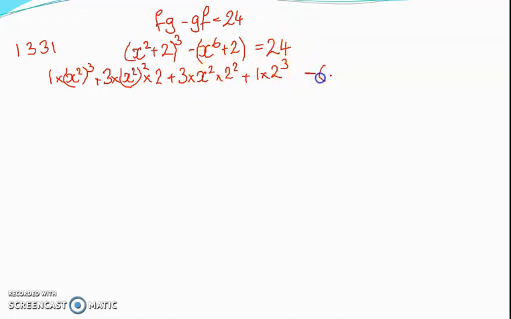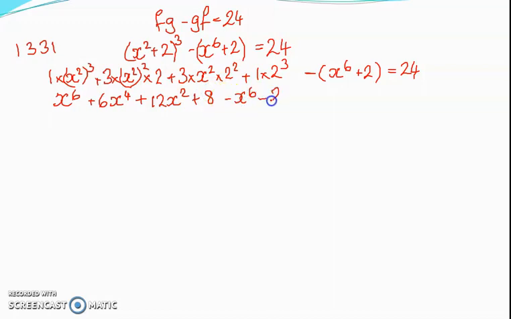All of that is now still minus x to the 6 plus 2 equal to 24. I reckon I can tidy this up quite easily. x squared cubed is x to the 6. 3 2's are 6, so that's 6x to the 4. Plus 2 squared is 4, plus 12x squared. Plus an 8. Minus an x to the 6. Don't forget it's minus the 2.